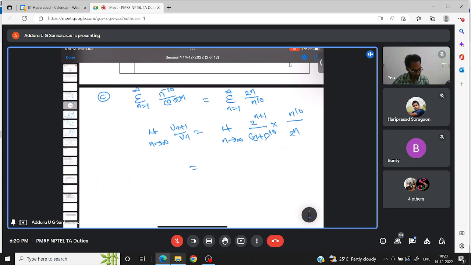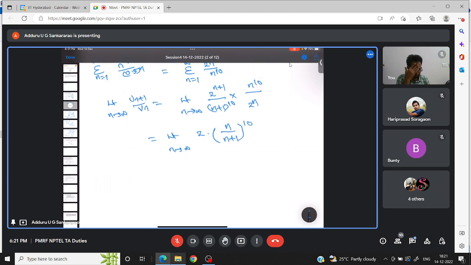So it will be limit n tends to infinity, something like 2 into n by n plus 1 power 10. Oh, this is also converging? Now we are getting 2 right here. Something is wrong.